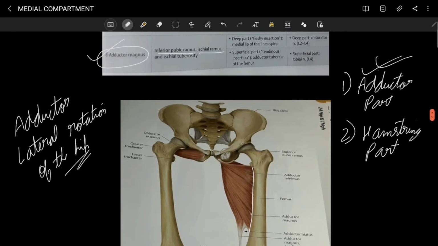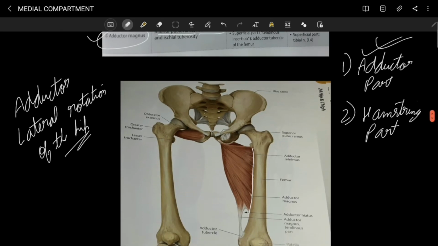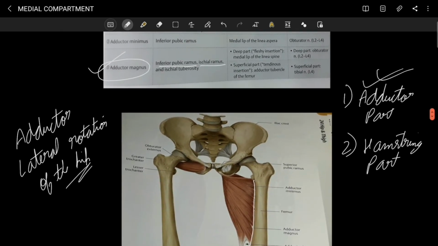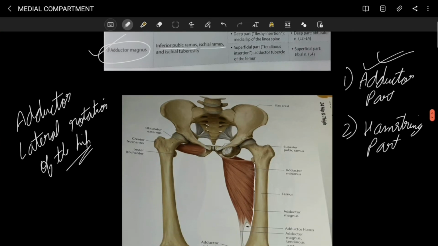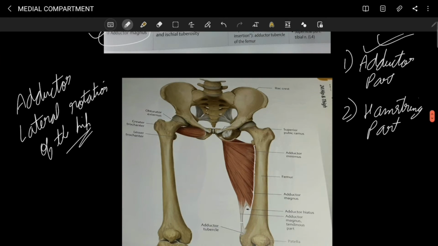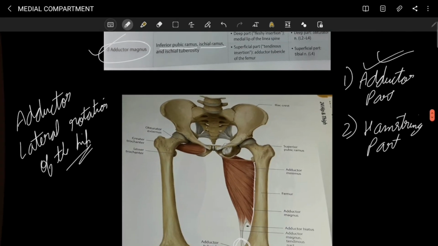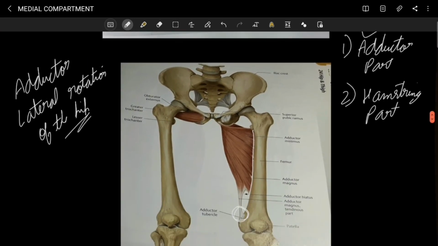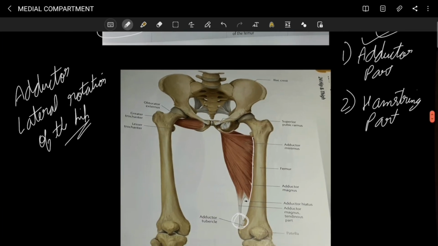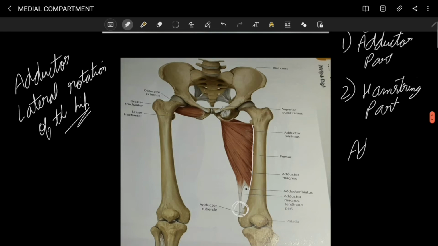The hamstring part though has its origin from the ischial tuberosity, attaches into the adductor tubercle right here. So that's about the adductor magnus muscle. Its actions, both these parts generally are adductors of the thigh.